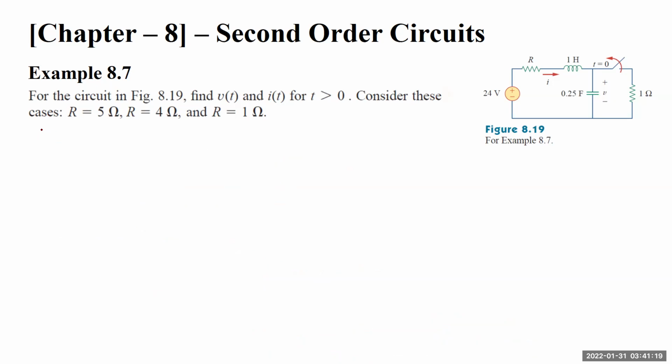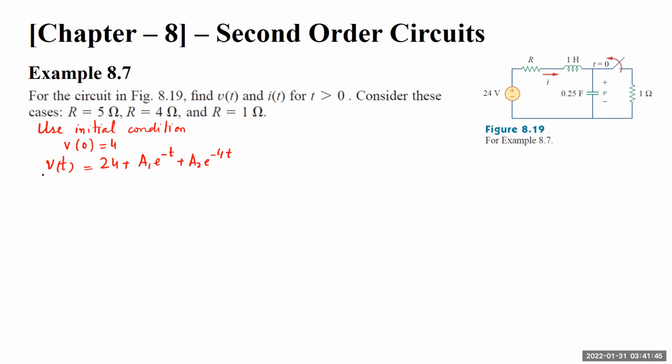So for A1 and A2, we have to use initial conditions. My first initial condition, v(0) equals 4 volts. So just take v of t, 24 plus A1 e raised to power minus t plus A2 e raised to power minus 4t.